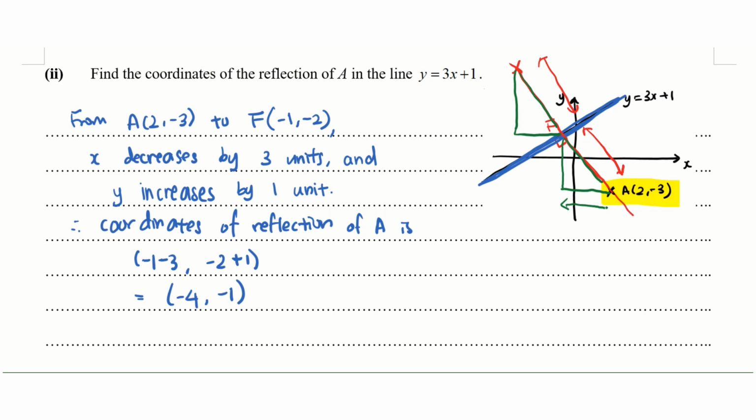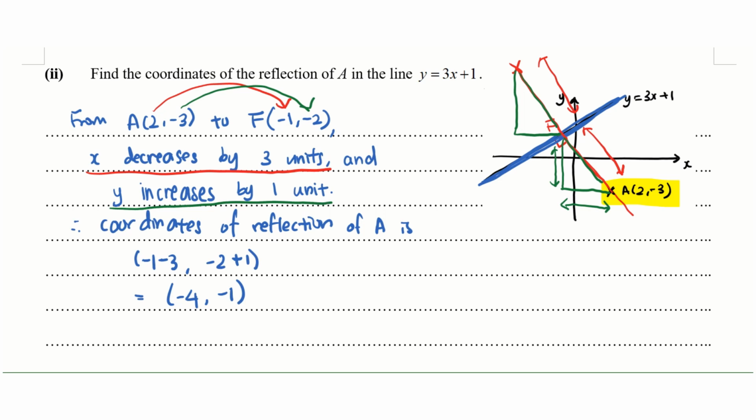Because they are congruent, I can simply find the difference in the x coordinate distance and the difference in the y coordinate distance between A and F, and translate that into the mirror image triangle. Looking at the x coordinate, 2 to -1, x decreases by 3 units, whereas for the y coordinate, it is from -3 to -2, an increase by 1 unit.